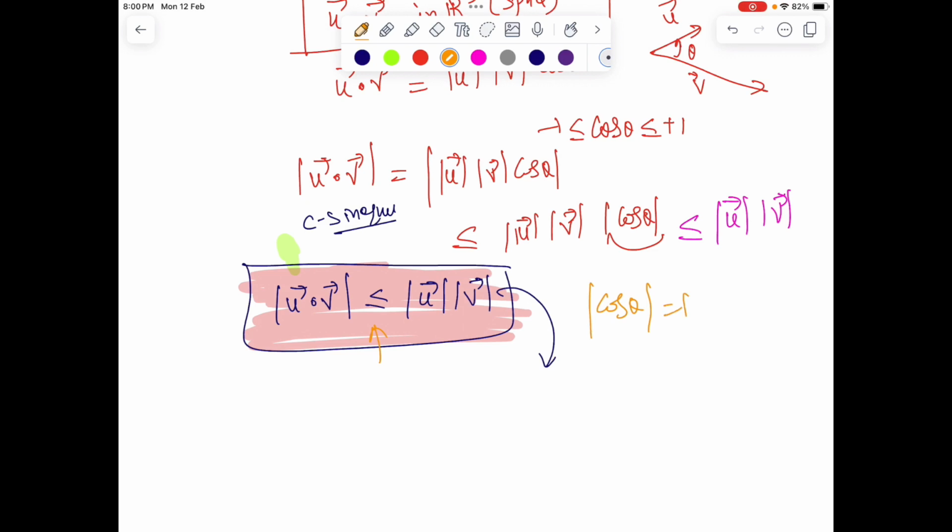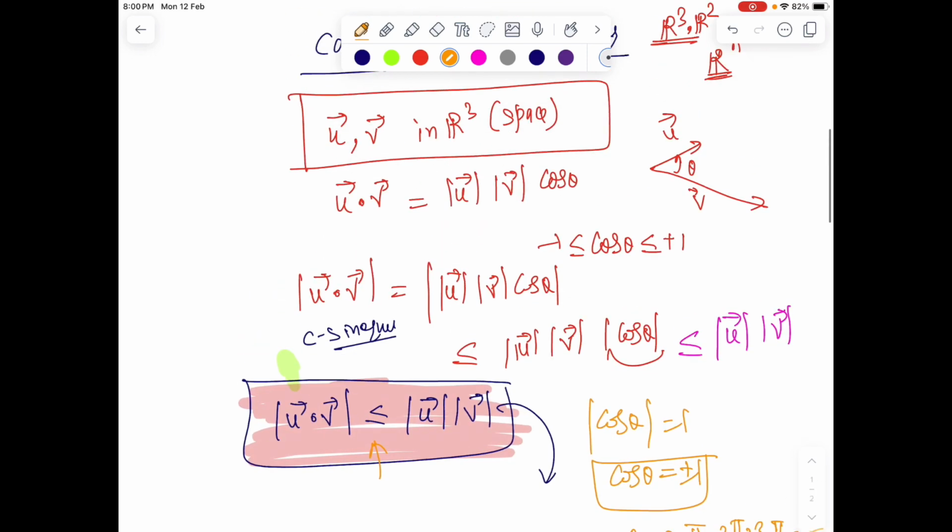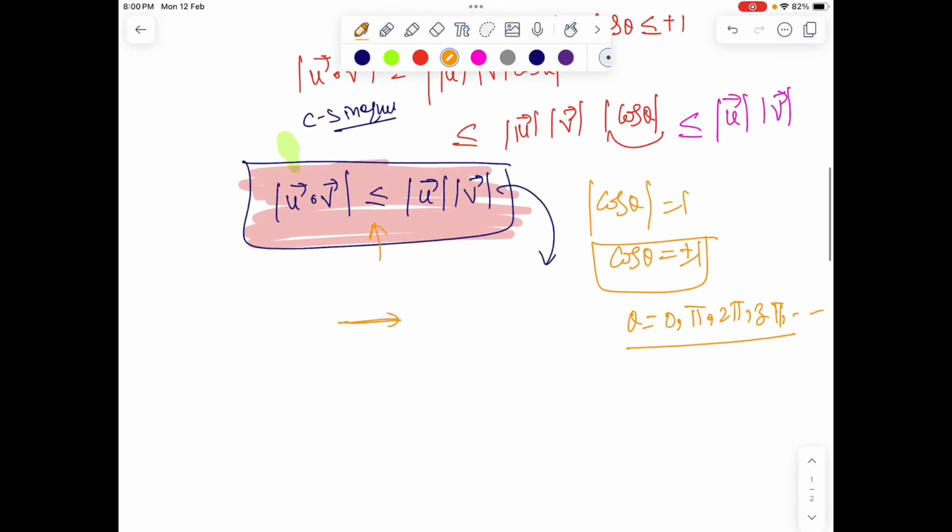Now let's see under what condition we'll get the equality case. Of course, for the equality case mod of cos theta must be 1, so cos theta should be plus minus 1. So theta will be 0, pi, 2 pi, 3 pi and so on. For theta equals 0, both vectors are in the same direction.